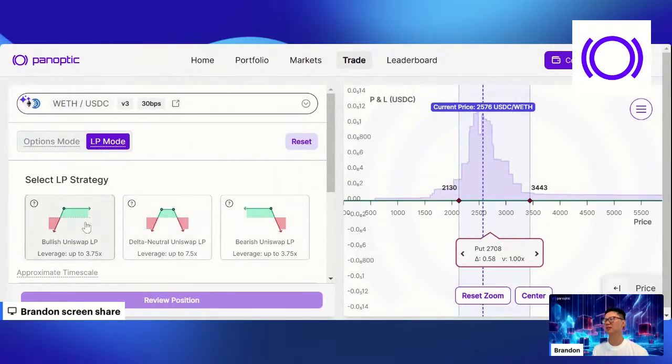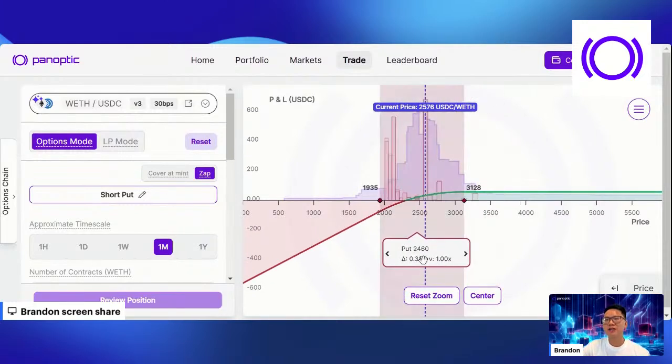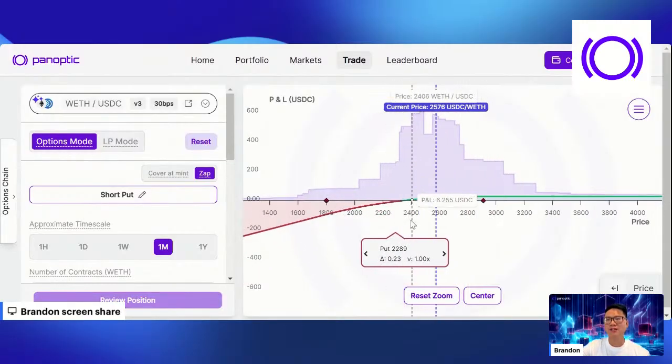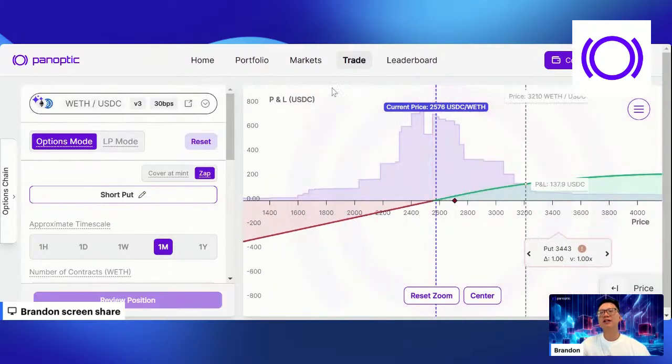This is, by the way, an LP position. We call it a short put, as we learned earlier. And the delta here is this triangle. This is the Greek symbol for delta. So actually, if you see here, the delta is actually 1.